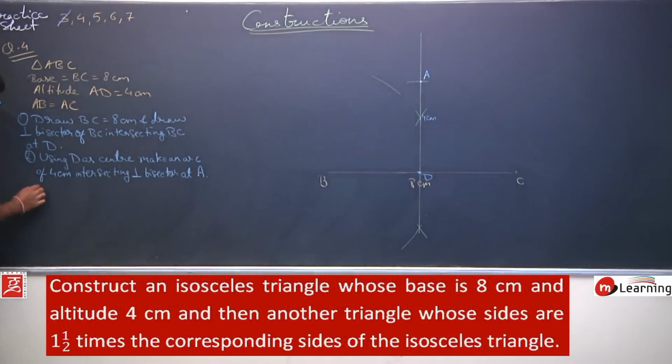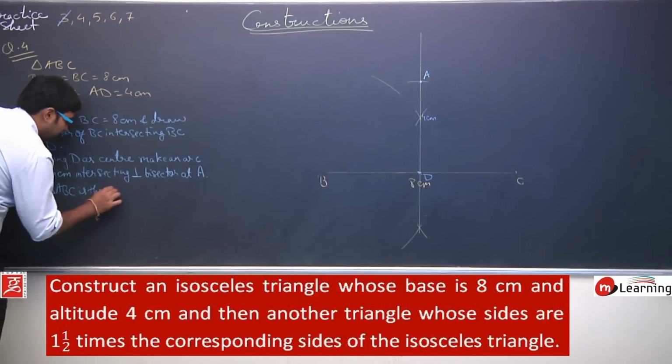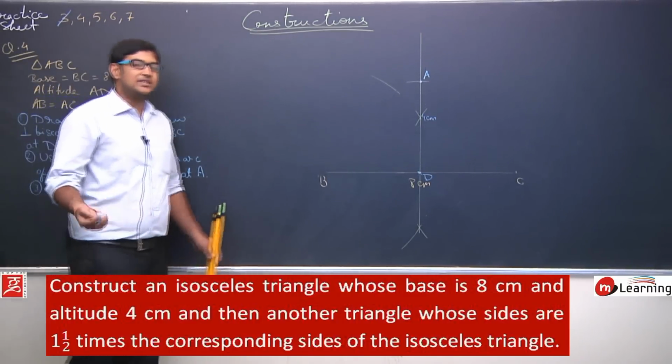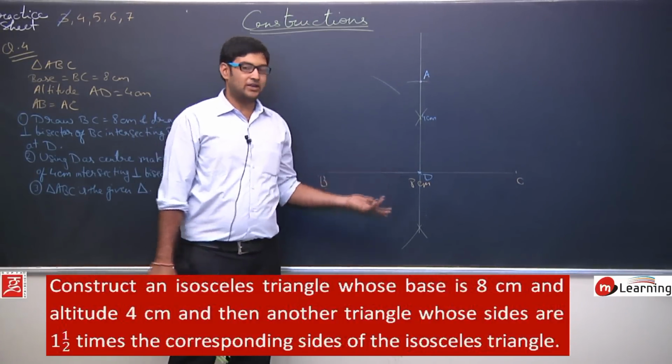Now what will be the third step? Third step is triangle ABC is the given triangle. So triangle ABC will be the required isosceles triangle that I first have to make.